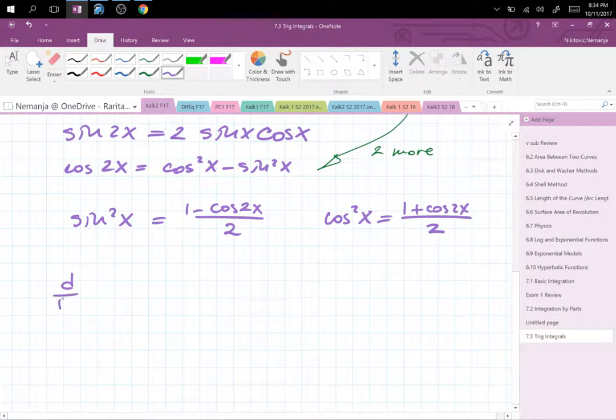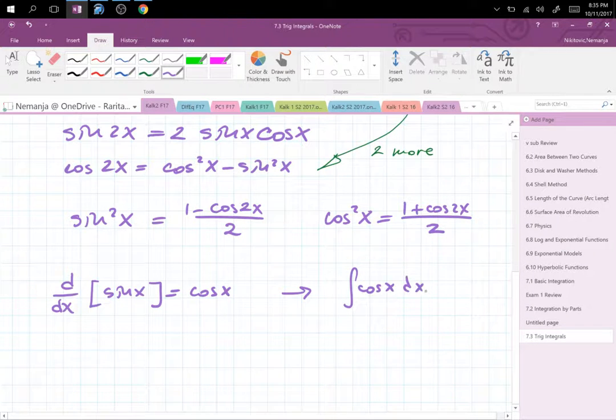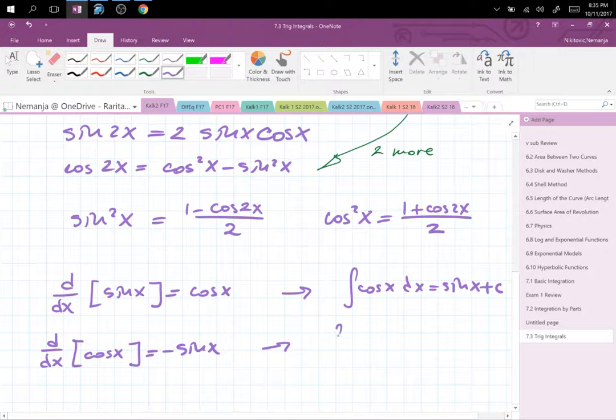So you will memorize that the derivative of sine x is cosine x, which says that the integral of cosine x dx is sine x plus c. The derivative of cosine x is negative sine x, which means that the integral of sine x dx is negative cosine x plus c.